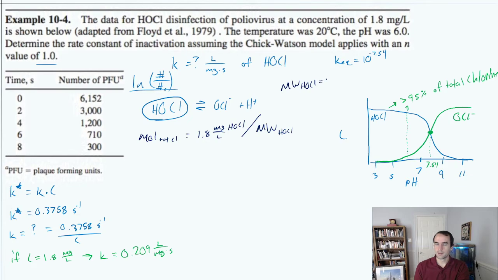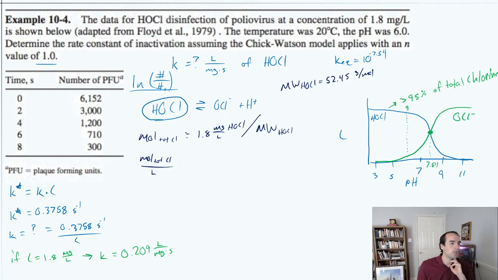Chlorine is 35.45, oxygen is 16, and hydrogen is 1. That becomes 52.45, all things told, grams per mole. So we can do that division. That's going to get us to moles of total, so the total moles of Cl per liter, so the molarity of it.